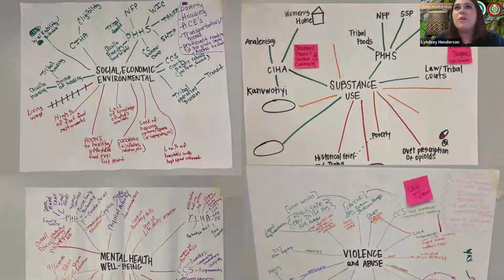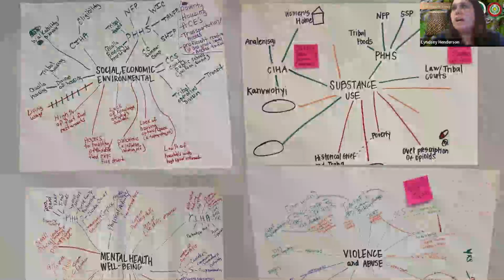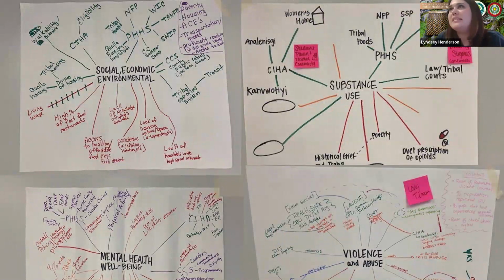So we focused on 4 of our top health priorities that are used in our tribal health improvement process, and that is social, economic, and environmental factors, substance use, mental health and well-being, and violence and abuse. There are a couple of different colors, and they do have meanings. The green we used for what is positively helping the community in relation to that health priority.